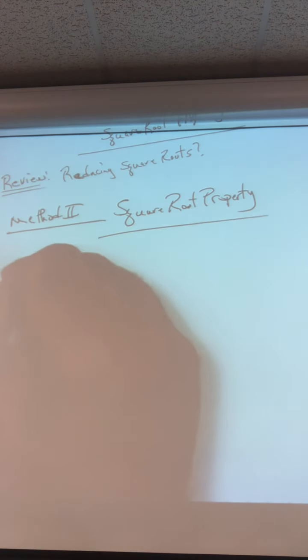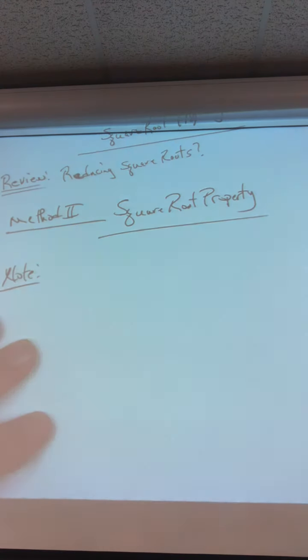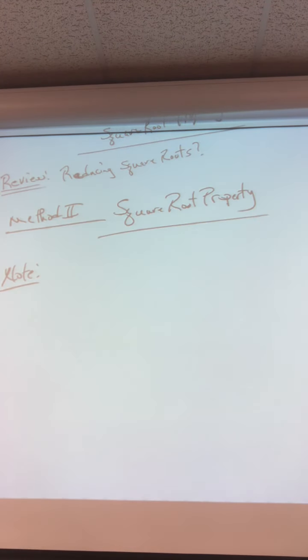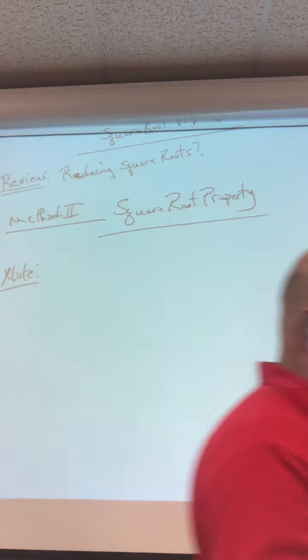All right, what I want to do first is give you a note, and then after I give you a note, I will give you the steps. So take down this note for me real quick.